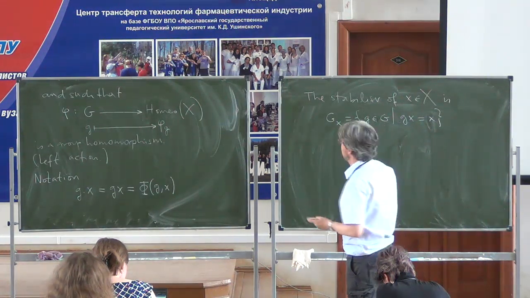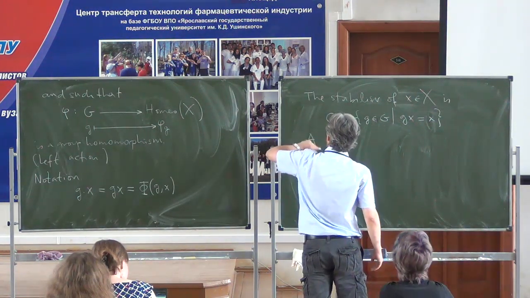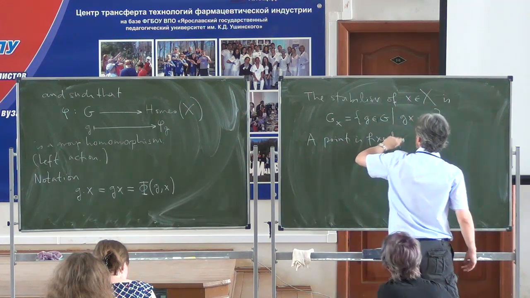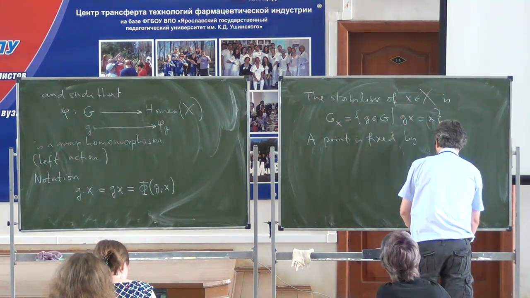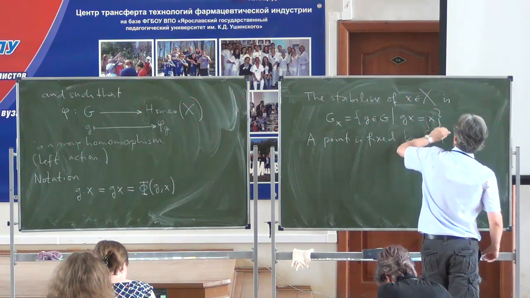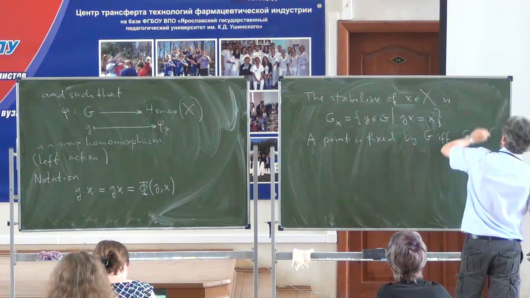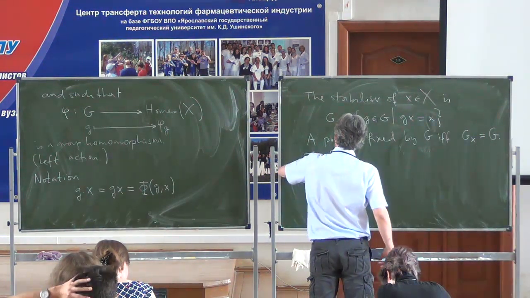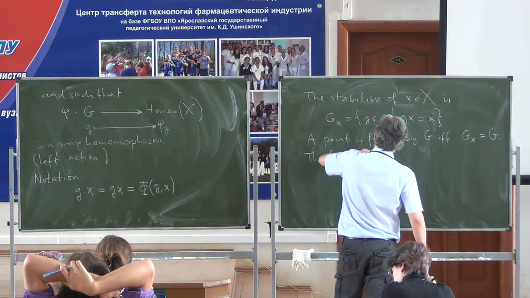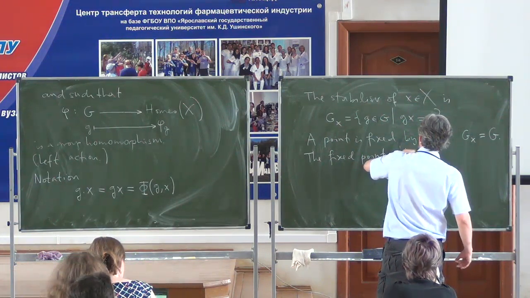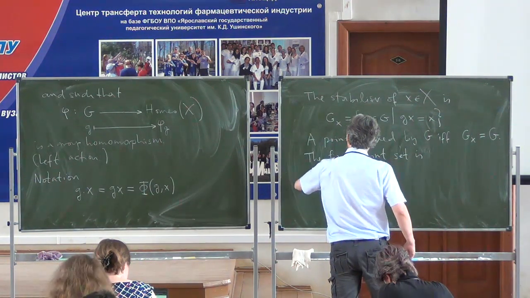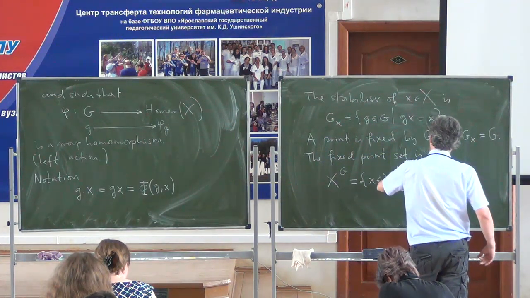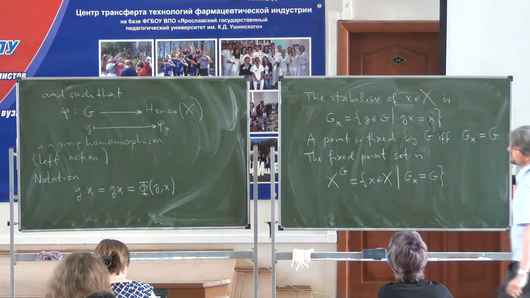Now a point is fixed by G if the stabilizer is the entire group G, and the fixed point set is the collection of fixed points.